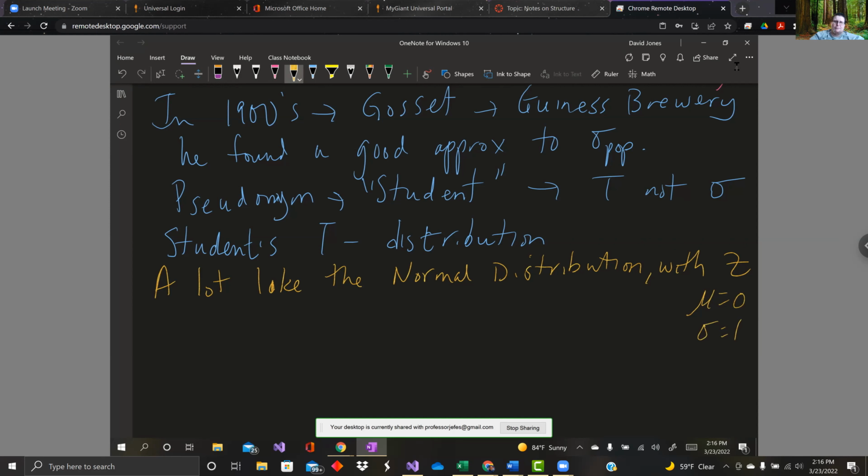It's very similar to that. There's just a few minor differences.